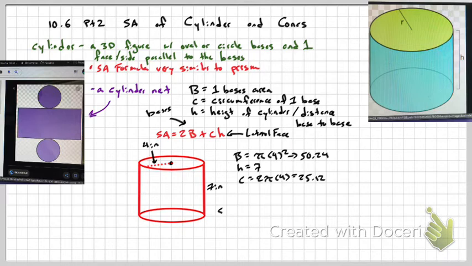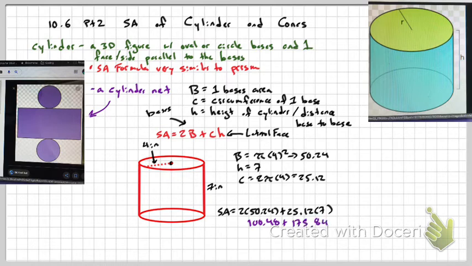So then our surface area is 2 times 50.24 plus circumference 25.12 times my height. And then we just got to use our calculator. So 50.24 times 2 is 100.48. And then 25.12 times 7 is 175.84.